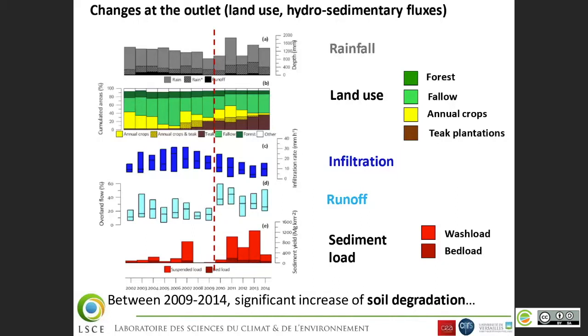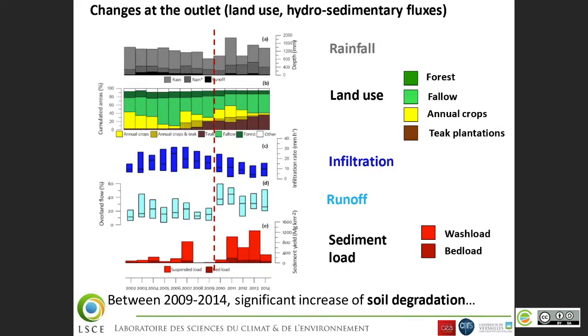So this is the brown part of these histograms. What we observe very clearly is a decrease of infiltration and an increase in runoff, despite the rainfall variations, and also a very large increase of the sediment load, both as wash load and bed load. We could also make a statistical test and check that the differences between the period before 2009 and after 2009 were statistically significant.